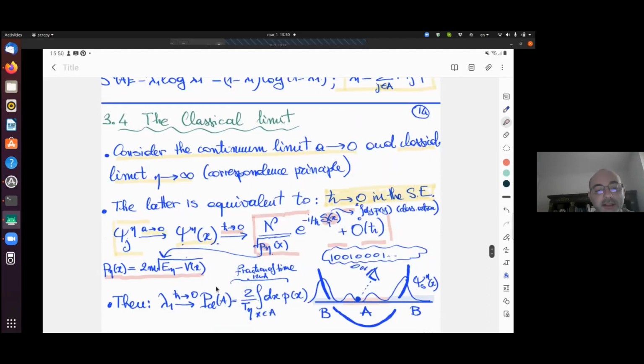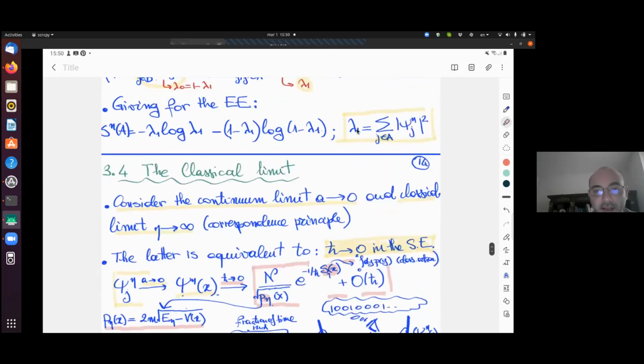So in this limit, we can really find the classical value for the entanglement entropy. The particle within region A, as I'm drawing here.